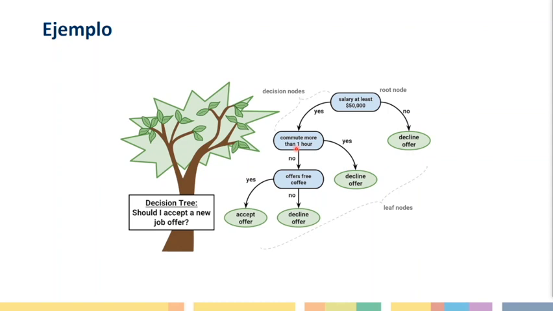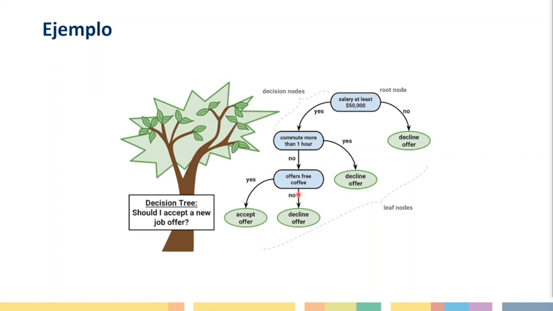So, based on this, we could decline the offer because the commute time every week would be very long, or we can continue assessing other characteristics that could also be of our interest. For example, if the job offers free coffee or not.